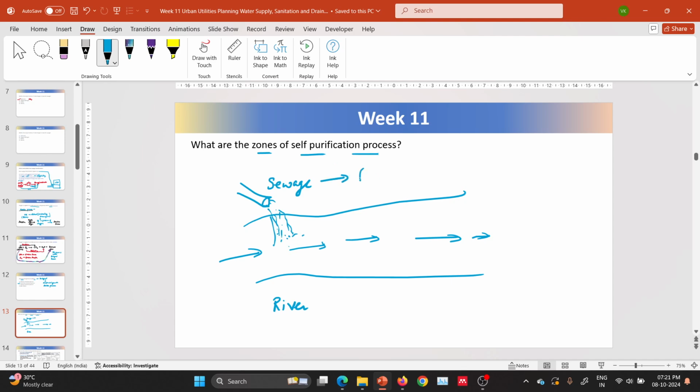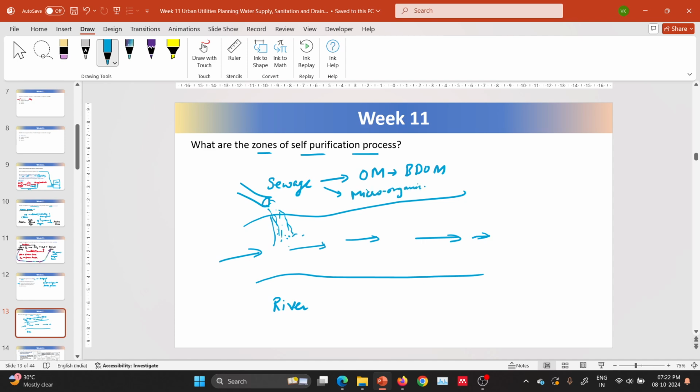and this sewage consists of organic matter, and mostly it is biodegradable organic matter. And sewage itself consists of microorganisms or bacteria, so it contains microorganisms also.